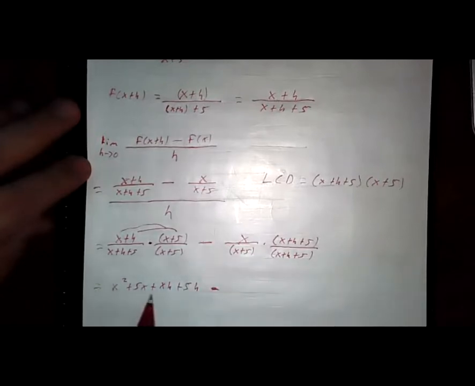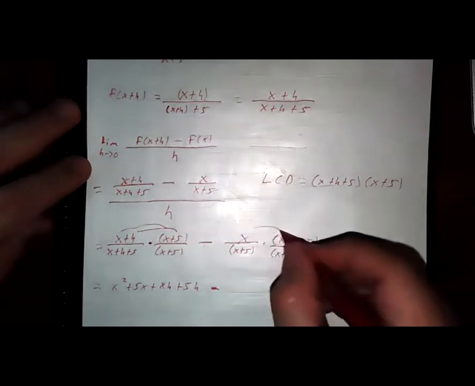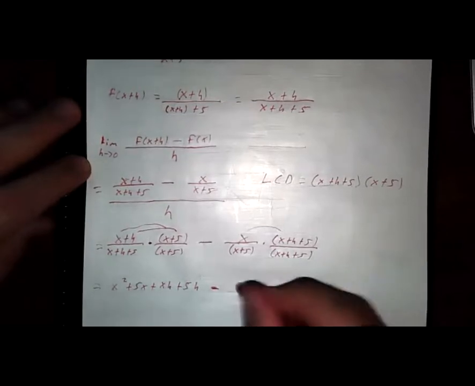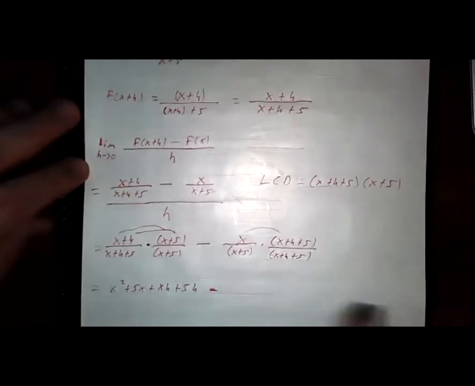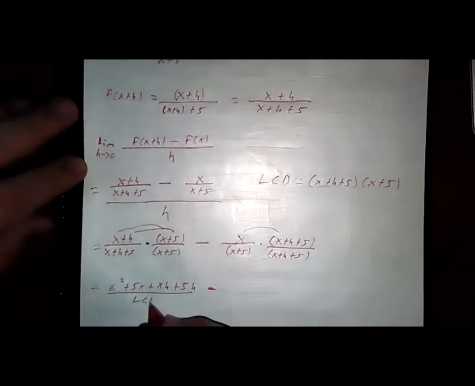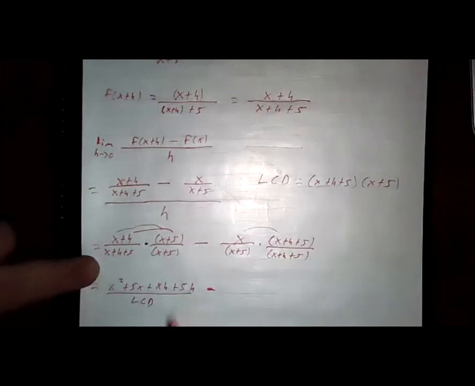You agree with these four terms? Yes. Now multiply the x on all this. So down here, I'm just going to put LCD, and that's what that is, because we got it in there now.